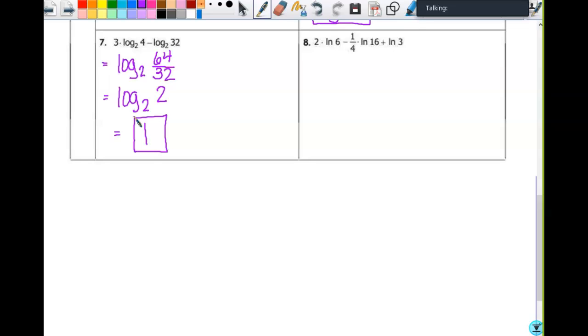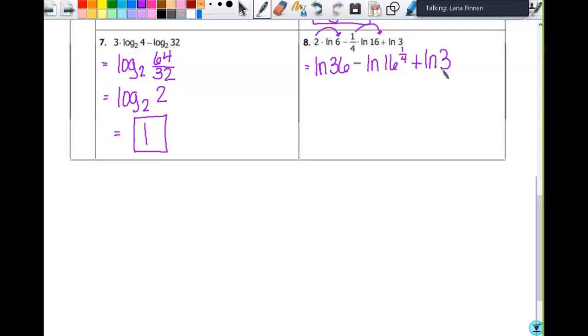All right, let's look at number 8. So on number 8, I'm going to go ahead and take 2, and it's going to become the exponent there, so I get the natural log of 36. Then this 1/4 is that, so it's going to be minus the natural log of 16 to the 1/4 power plus the natural log of 3.